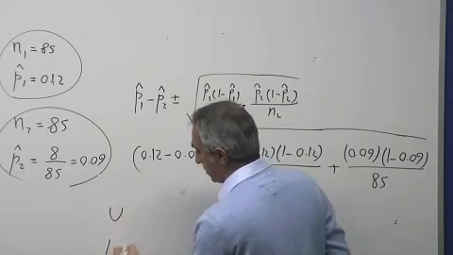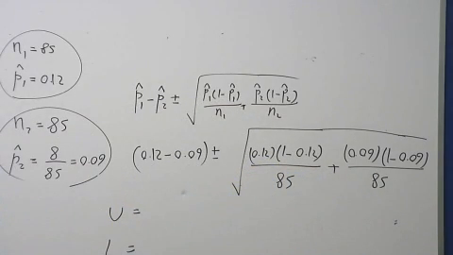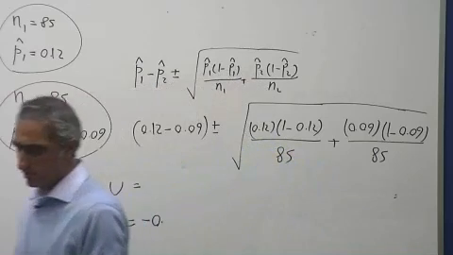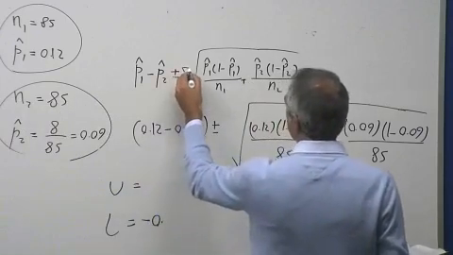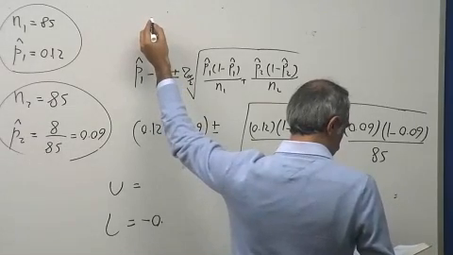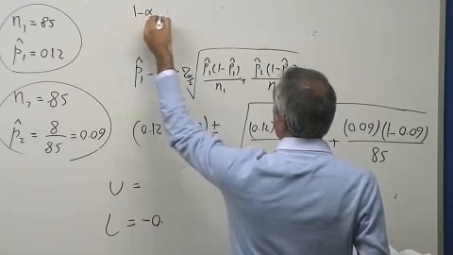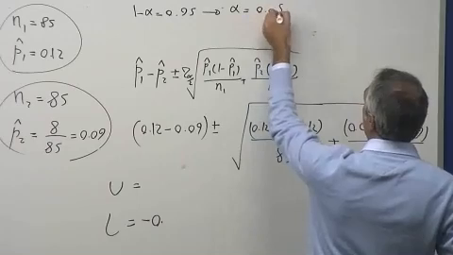And you get U equal to... minus point, is it minus? It's weird. Oh, I'm sorry, I forgot the z alpha over 2. And alpha here in this example: 1 minus alpha is 95%, and your alpha is 0.05.